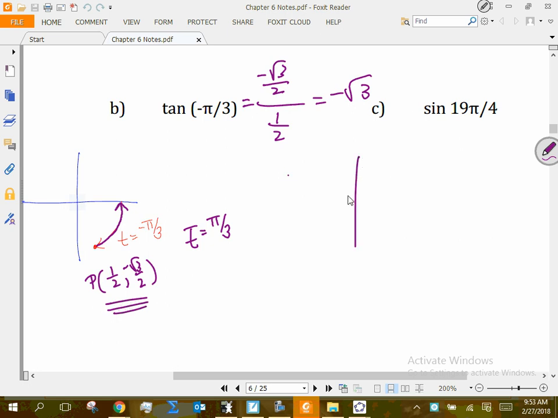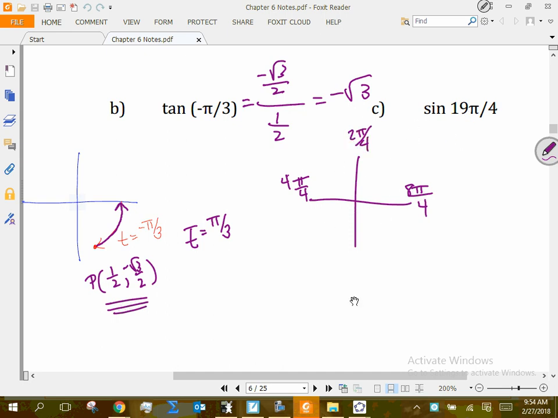When we deal with one like sine of 19 pi over 4, okay, 19 pi over 4 is much larger than 1 revolution, right? So we're beyond 1 rotation.